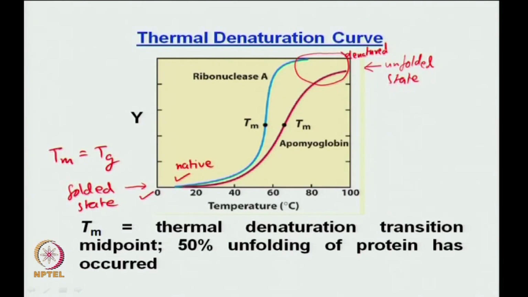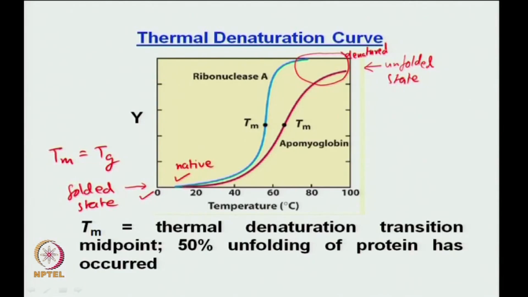So, what is this observable? This observable is that which changes when you change the temperature of the protein, and because you are changing the temperature, what is changing? The protein is starting from the native state at the lower temperatures and it is going to the unfolded state, and you are monitoring that change using the observable Y. So, this is called a thermal induced transition or heat induced denaturation or a thermal transition.